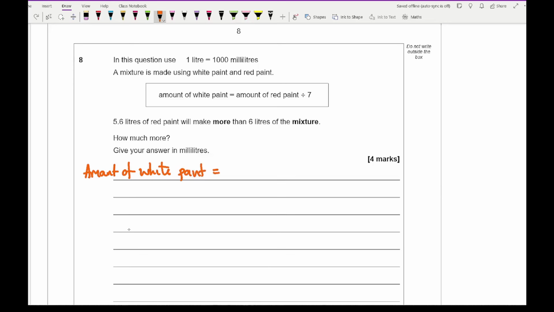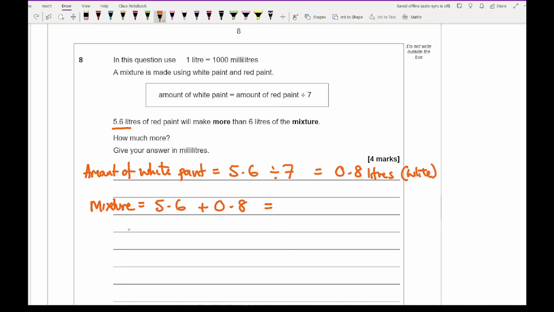So that's going to be, well, the amount of red that we've got is 5.6. So 5.6 divided by 7, and that gives me a total of 0.8 litres of white. Now to make the mixture, well, that's going to be the red paint, which is 5.6, plus the white paint, which is 0.8.